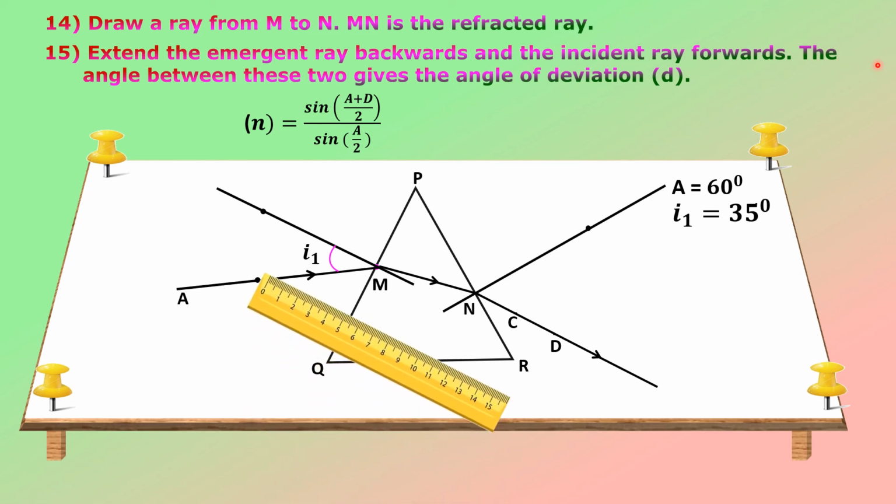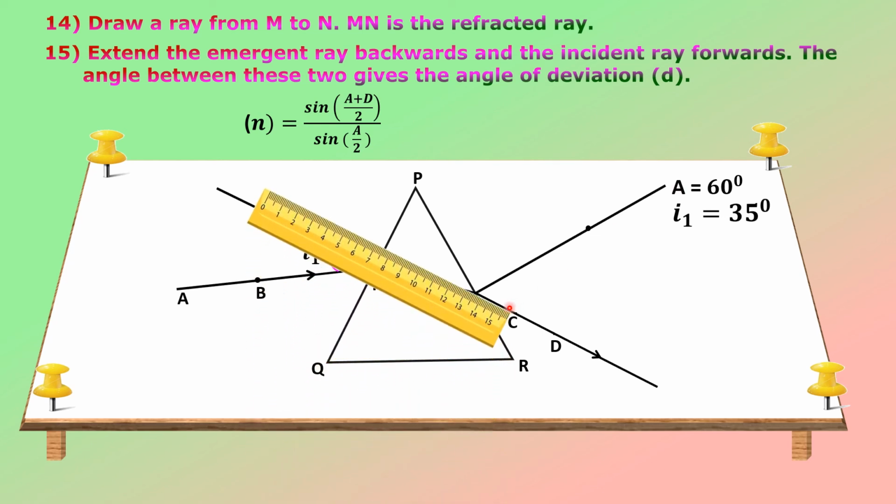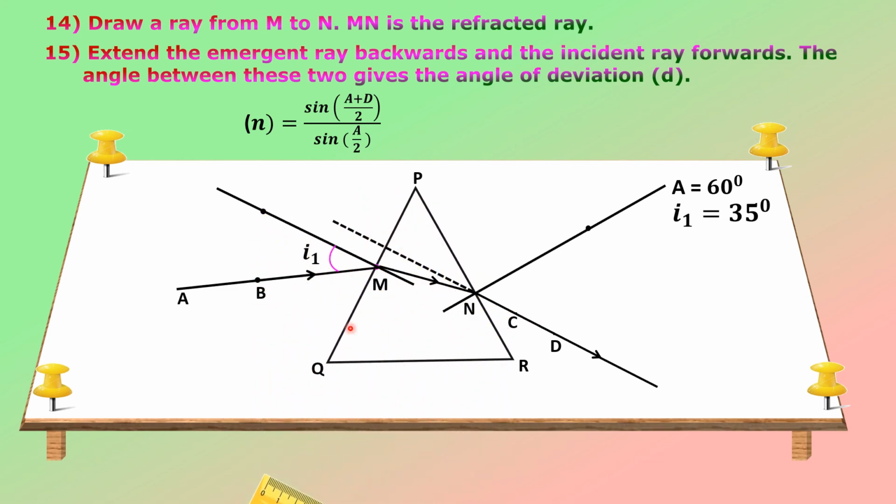So here I am extending this emergent ray backwards. Okay, now let us extend the incident ray forwards like this.